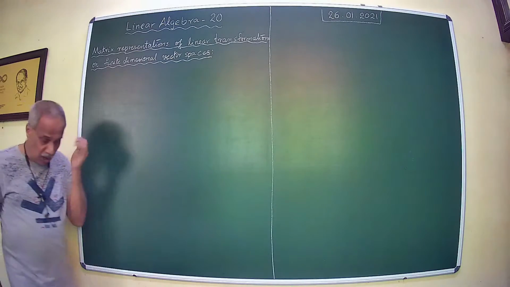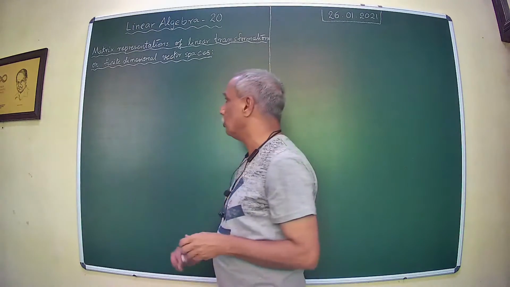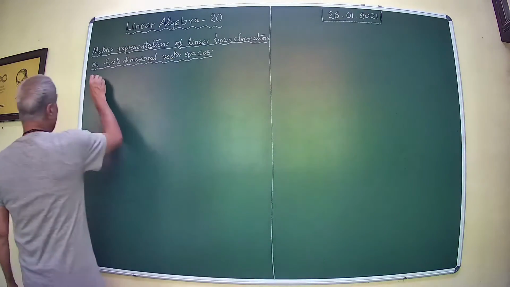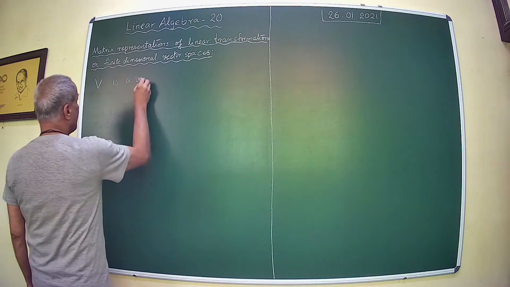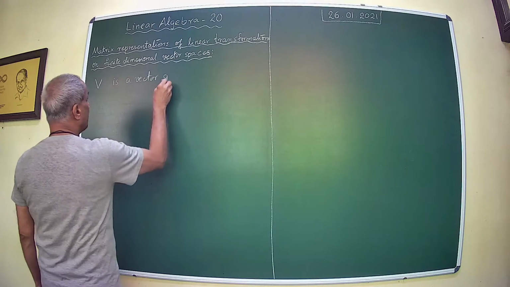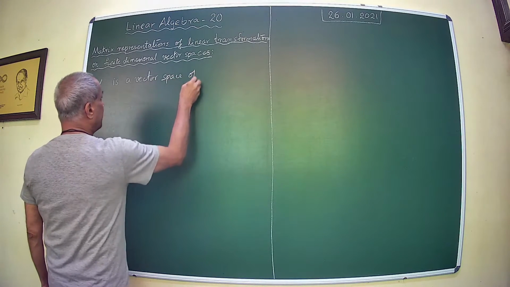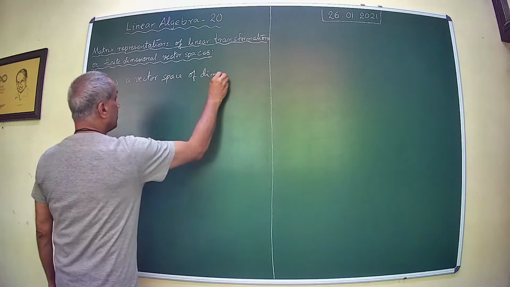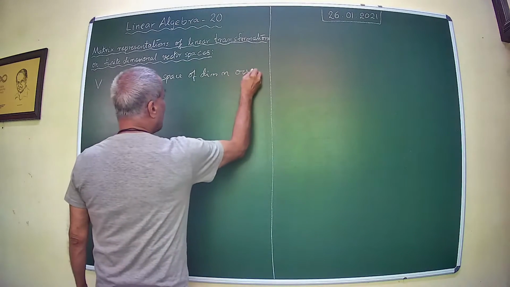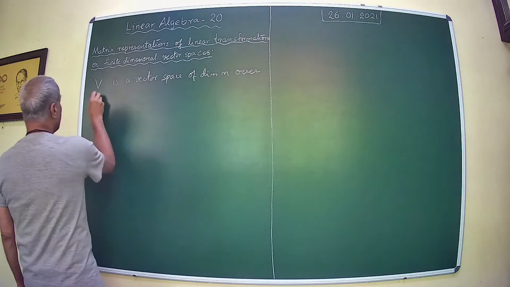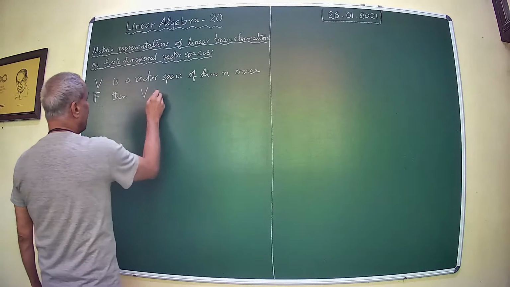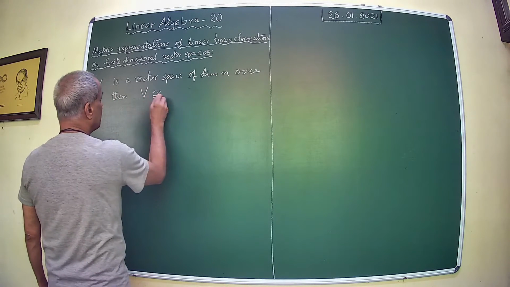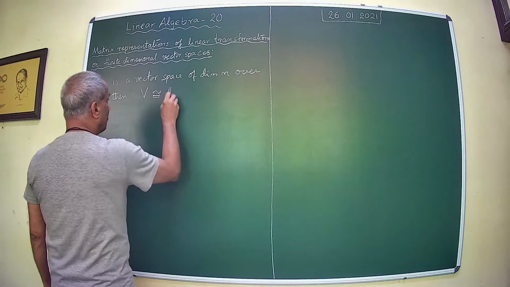So, what do we know already? We already know that if V is a vector space of dimension n over F, then V is isomorphic to a copy of F^n.